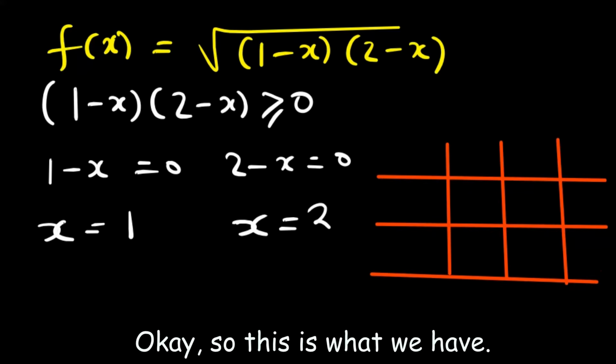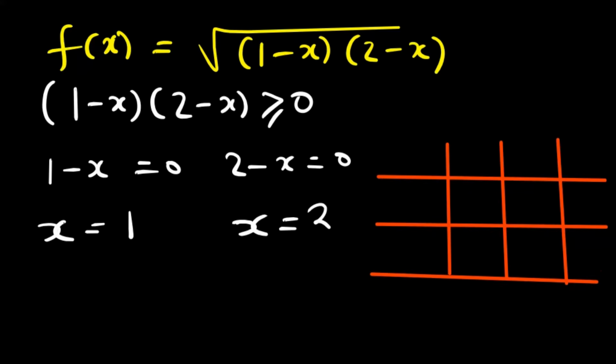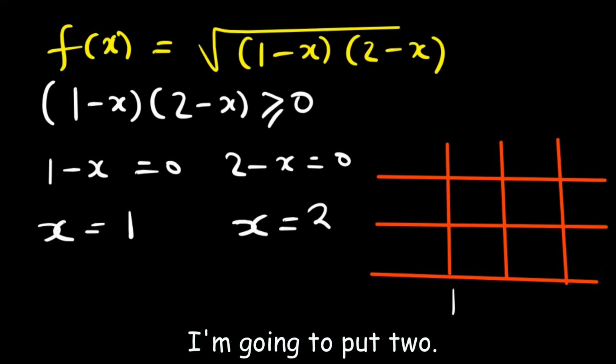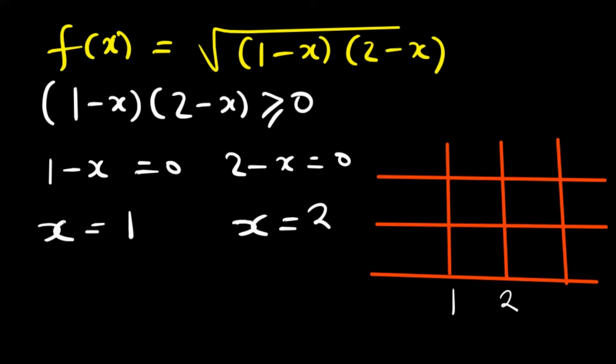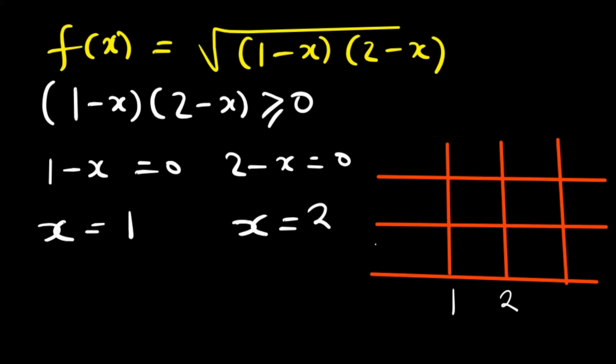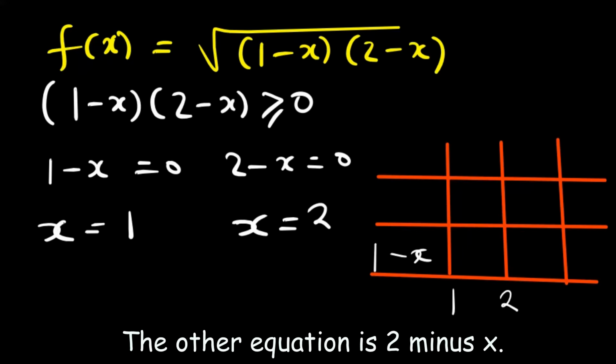So this is what we have. Now what answers have we got? We've got 1 and 2. Those are our answers. So I'm going to put 1 here. I'm going to put 2. Now which equations gave us these? We got the equation 1 minus x. The other equation is 2 minus x.